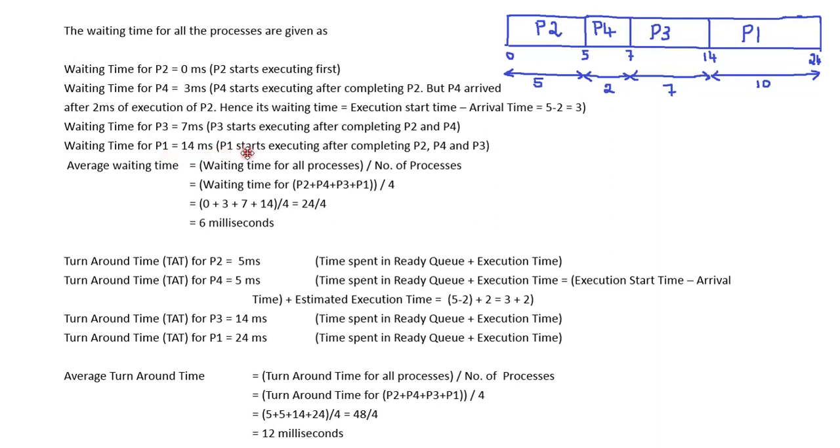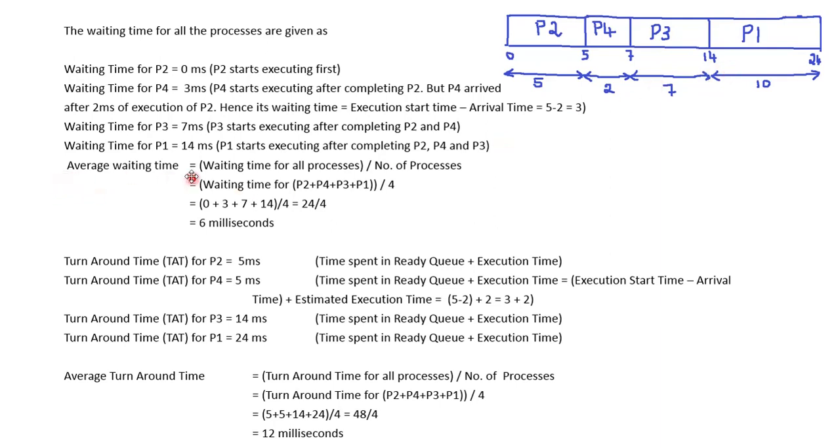That is because P1 starts executing after completing P2, P4 and P3. So waiting time for P1 is the execution time of P2, that is 5, plus the execution time of P4, that is 2, plus the execution time of P3, that is 7. So 5 plus 2 plus 7 is equal to 14 millisecond. This is the waiting time for process P1.